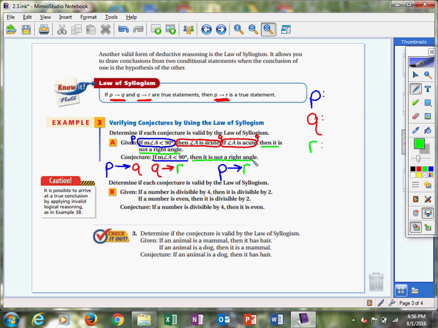So everything up here is true. It follows a very good pattern. And so I would say, yeah, they definitely used valid reasoning here to get to their conjecture. It looks very, very sound, okay? Now, we have been given a caution for letter B. It is possible to arrive at a true conclusion by applying invalid logical reasoning.